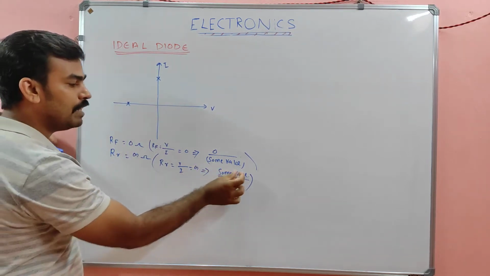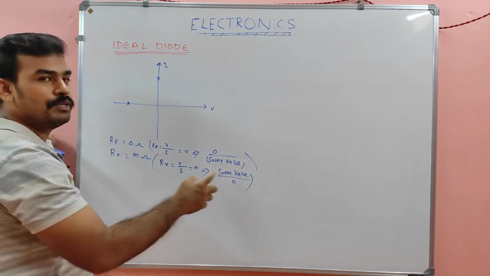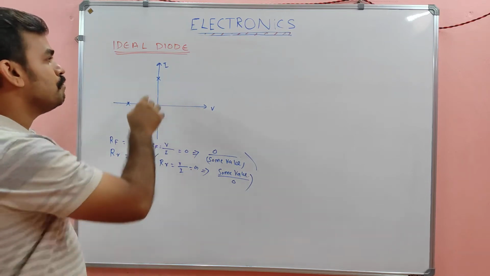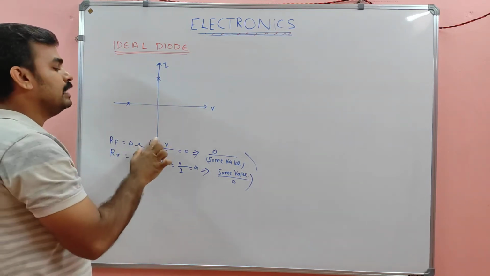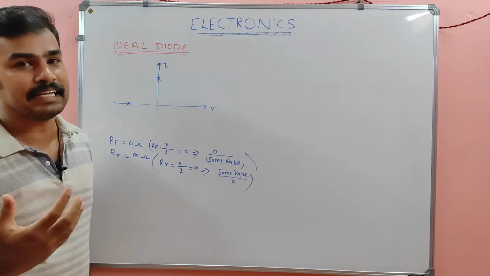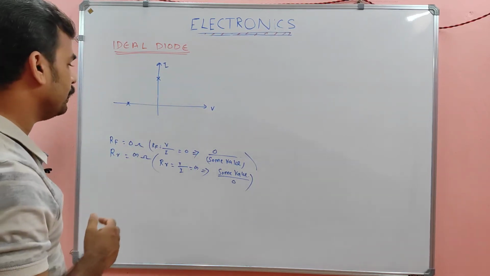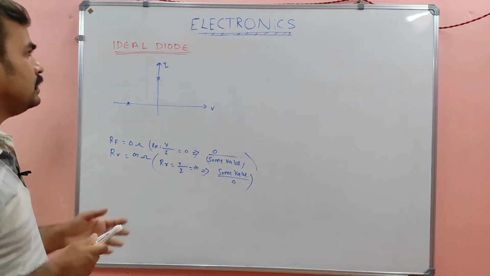That means some value of reverse voltage divided by 0 will make the resistance infinity. So it simply shows a graph, but it tells us a lot. That is the peculiarity of this graph. That is all about the ideal diode.